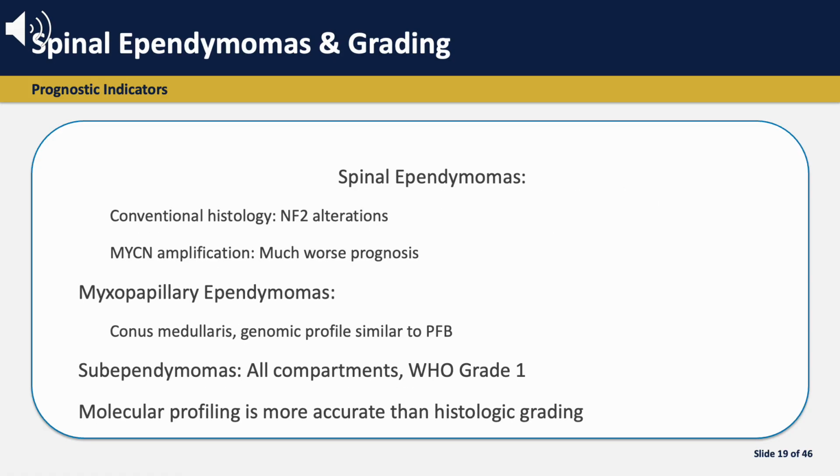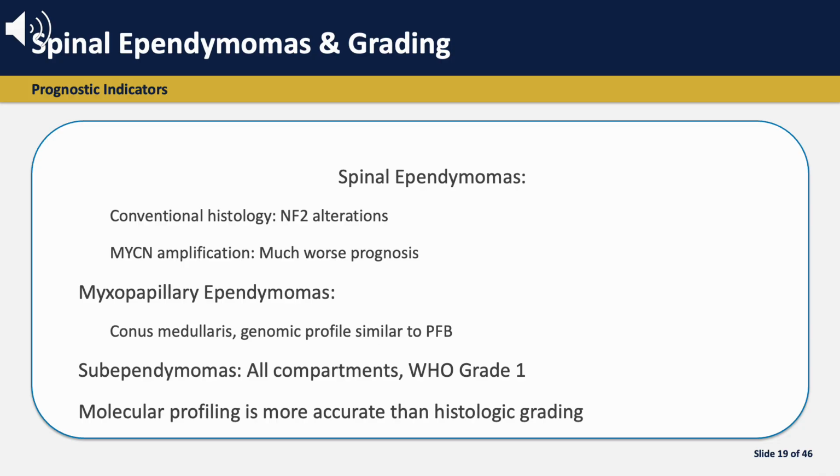Spinal ependymomas of conventional histology typically harbor NF2 alterations, while those containing MYCN amplifications carry a much worse prognosis. Myxopapillary ependymomas characteristically occur near the conus medullaris, and their genomic profile is similar to that of the posterior fossa B subgroup.